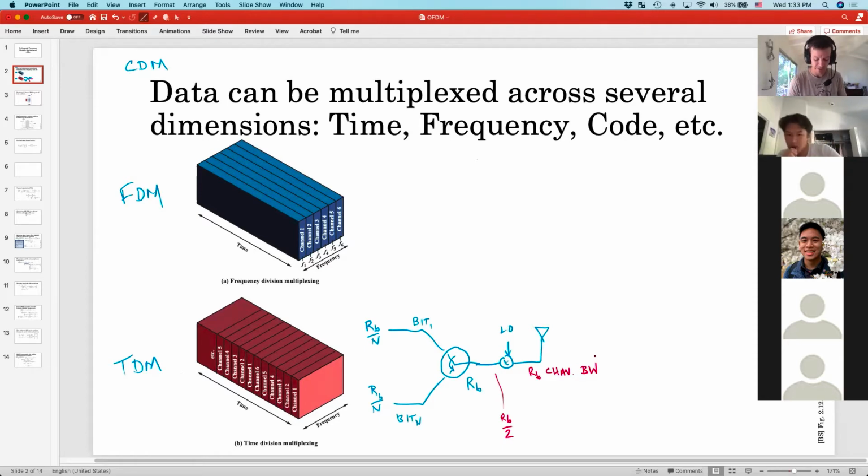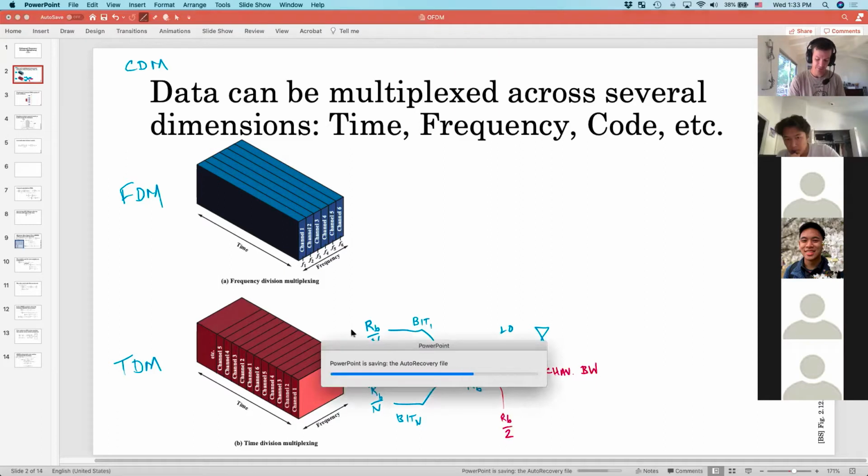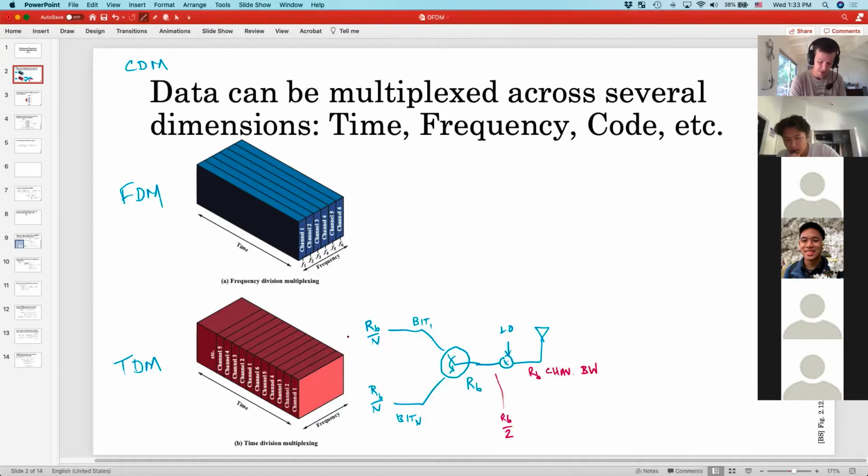Okay, so this is one visualization of how TDM would work, and the idea is that each of these streams gets 1 out of n time instances. Another way to visualize this is as a kind of shift register, where each of these bit streams is given a slot to dump into.